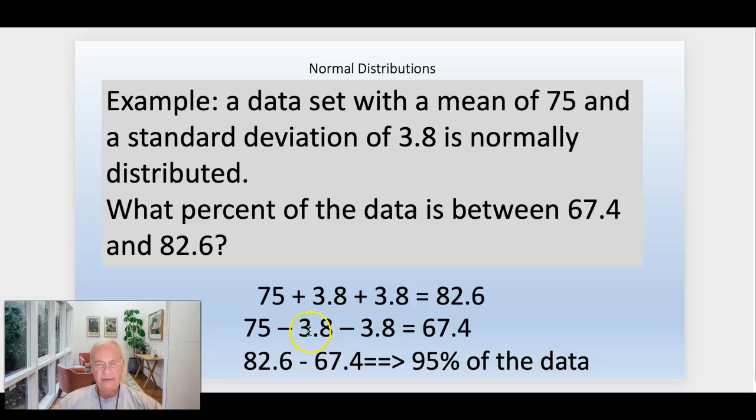I subtract 3.8 twice, and I get to 67.4. So that's 2 standard deviations above the mean and 2 standard deviations below the mean. Between 67.4 and 82.6, 95% of the data falls between those two values.